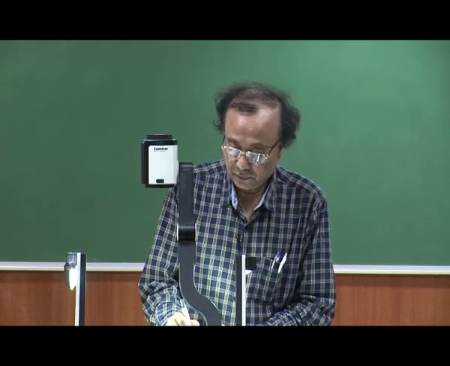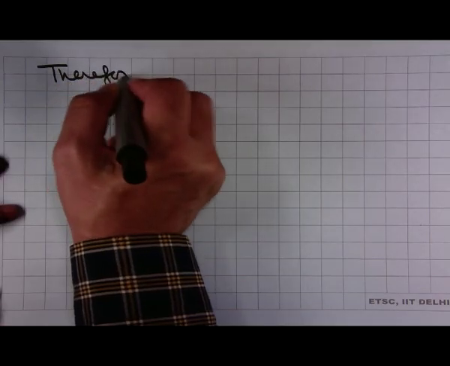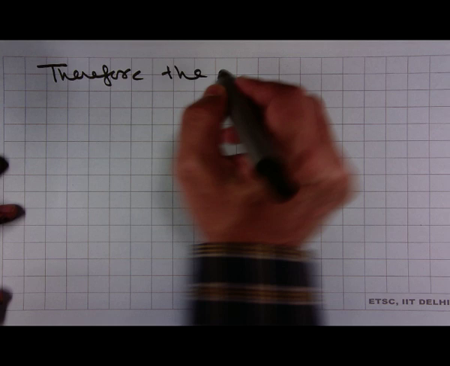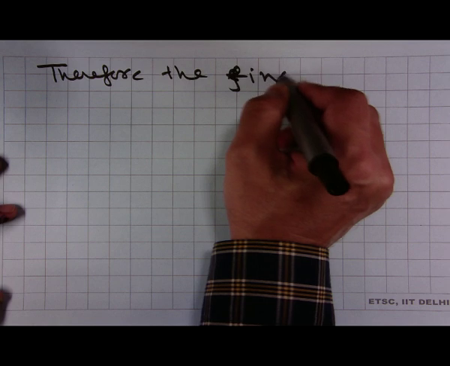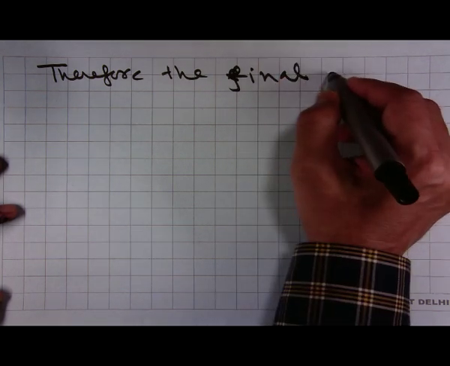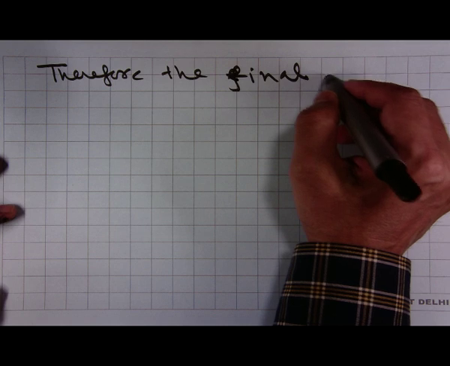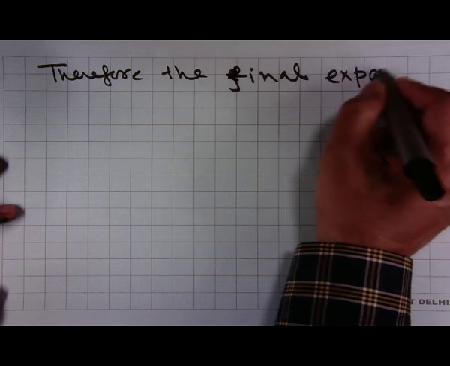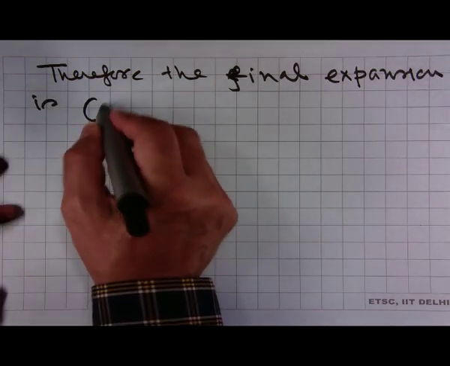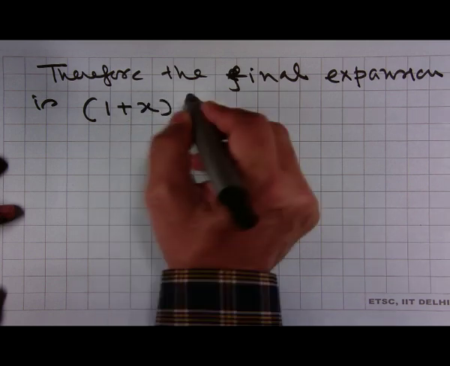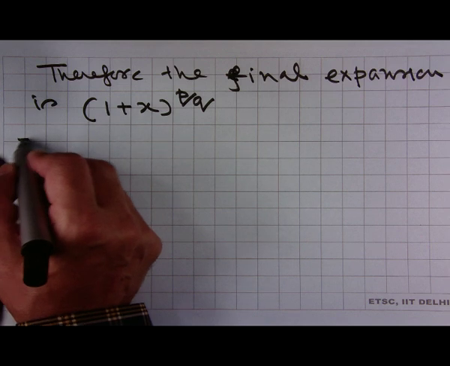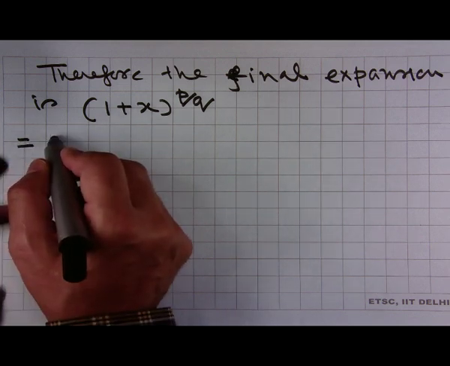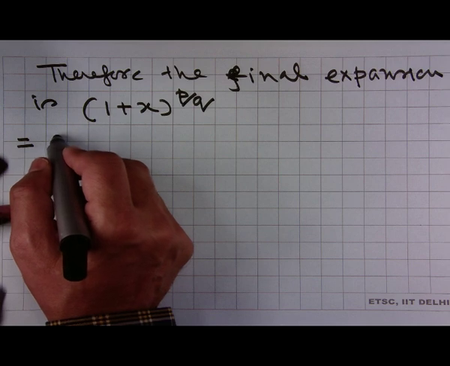Therefore, the final expansion is 1 plus x whole to the power p by q. We will write in a very similar way as we did with respect to negative integral index.